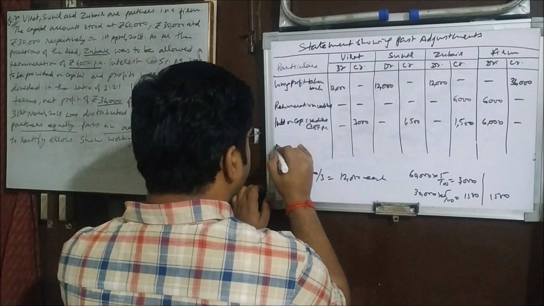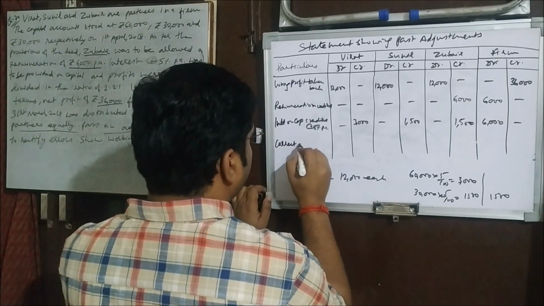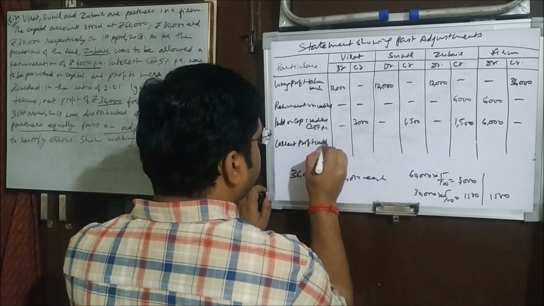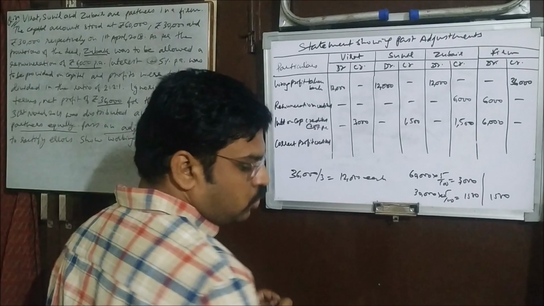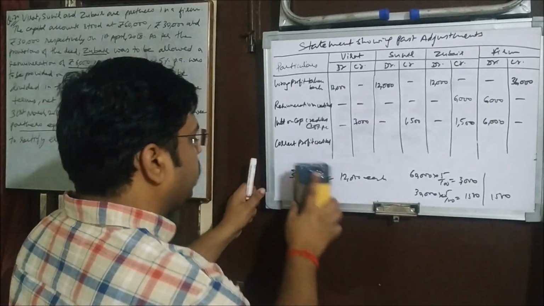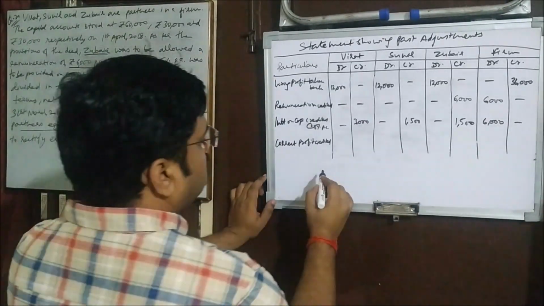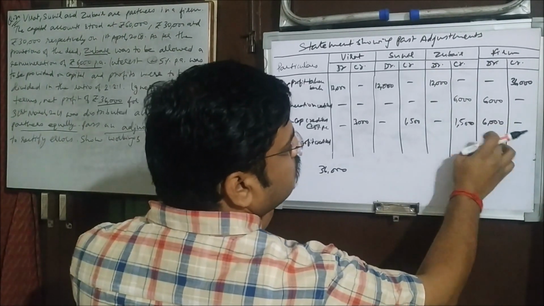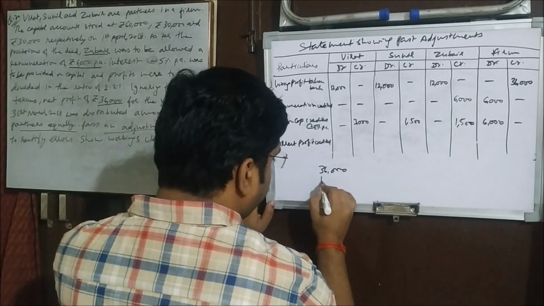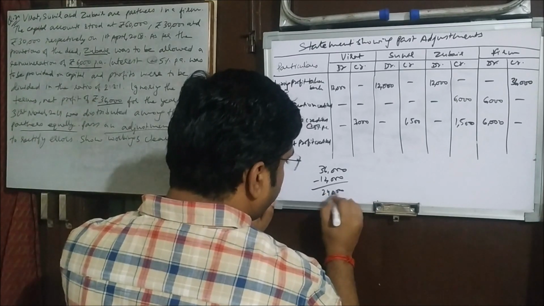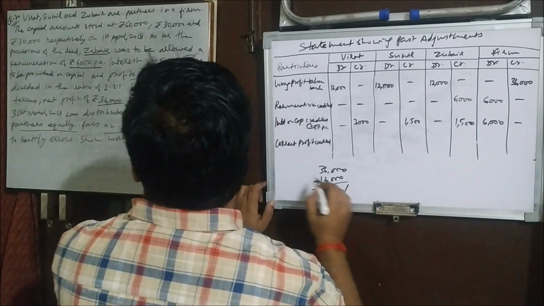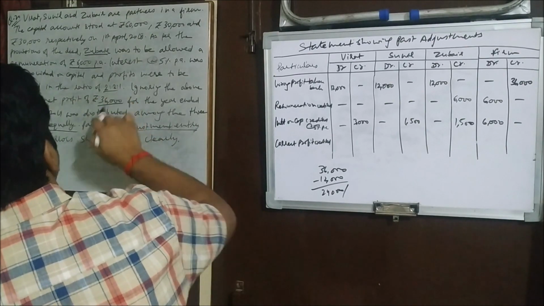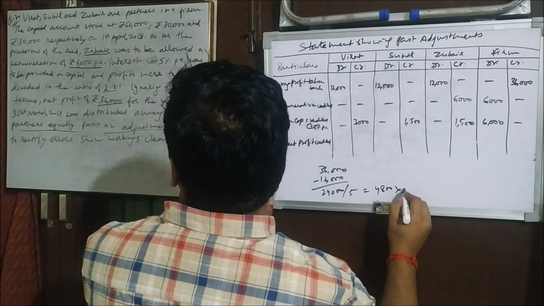Now it's time to distribute the correct profit. So correct profit credited. What will be the amount of correct profit? We can calculate that. See here, 36,000 is the profit, and 6,000 plus 6,000 is 12,000. How much amount is left? 24,000, divided in the ratio 2:2:1, which means 5 parts.